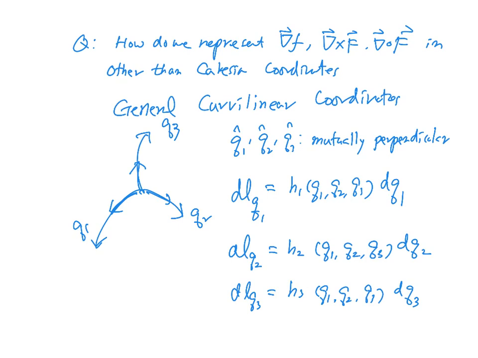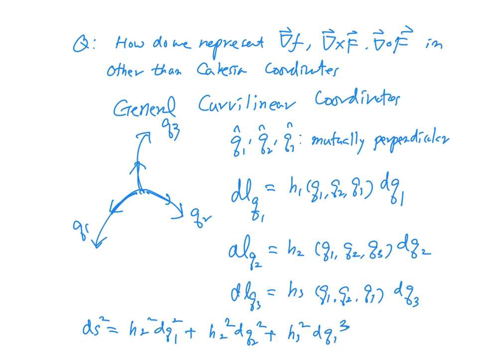Then we can define ds squared as h1 squared dq1 squared plus h2 squared dq2 squared plus h3 squared dq3 squared.